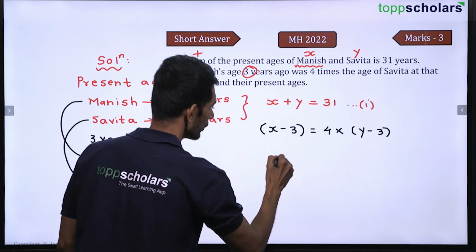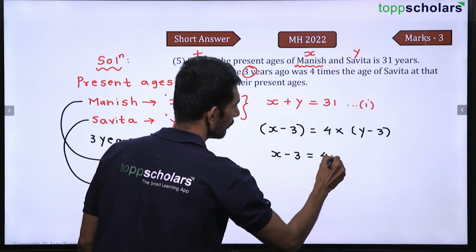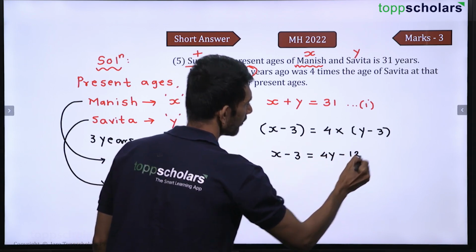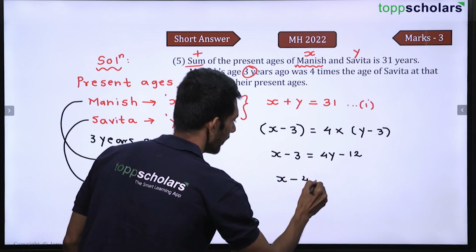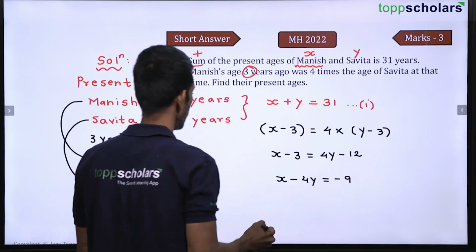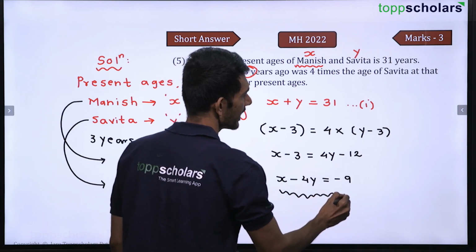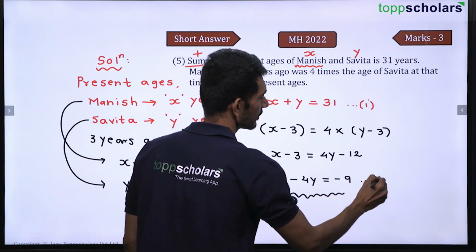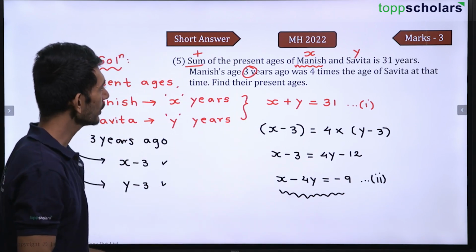So this gives you x minus 3 is equal to 4y minus 12. So you get x minus 4y is equal to minus 9, right? So this can be considered as another equation, say equation number 2. Now you have equation number 1, you have equation number 2, right? You can solve them.